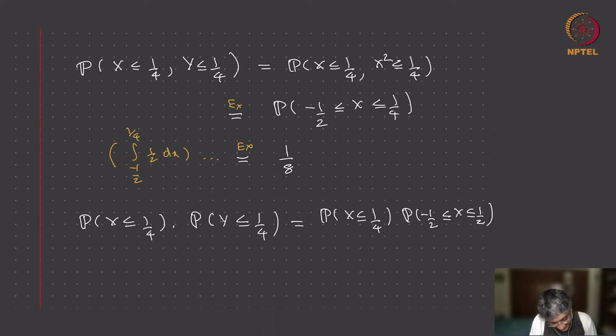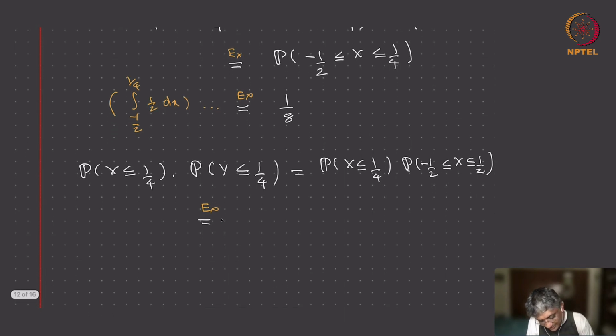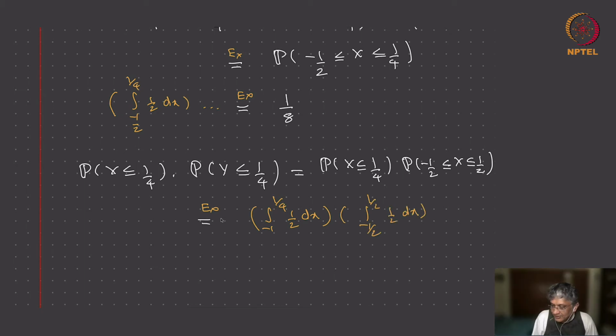So this is a simple exercise. Again, you could calculate it, I will not do this. In the same density function, you can write this as the integral from minus 1 to a quarter of 1/2 dx, times the integral from minus 1/2 to plus 1/2 of 1/2 dx, and if you do the calculation properly, you will get, I think, 3/16.